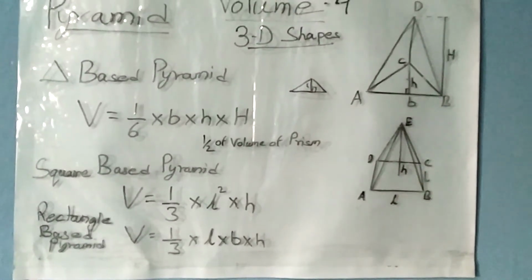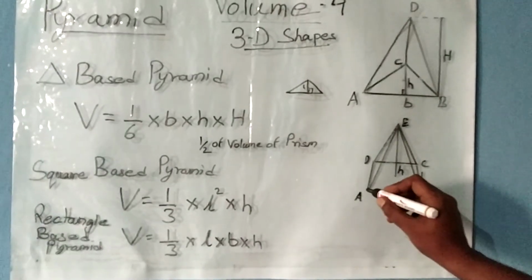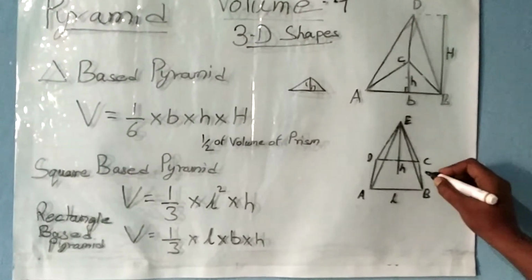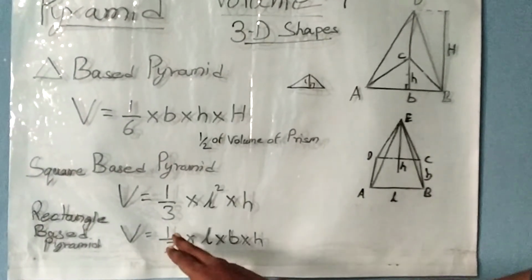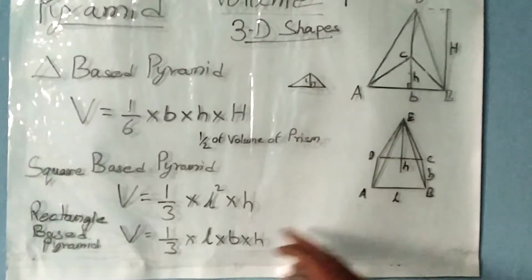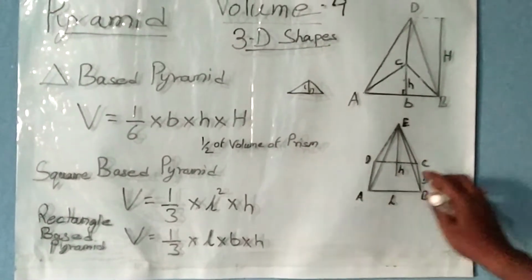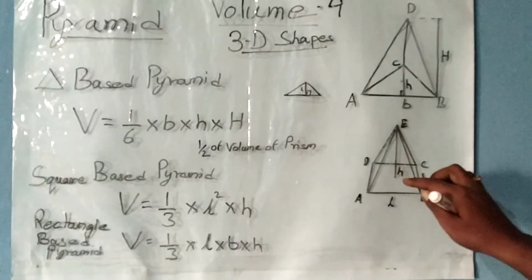Got it? If this base is rectangular in shape, suppose this is L and this is B, then the formula will be 1/3 into L, this L, and the breadth, this is the breadth, and the height of the pyramid.